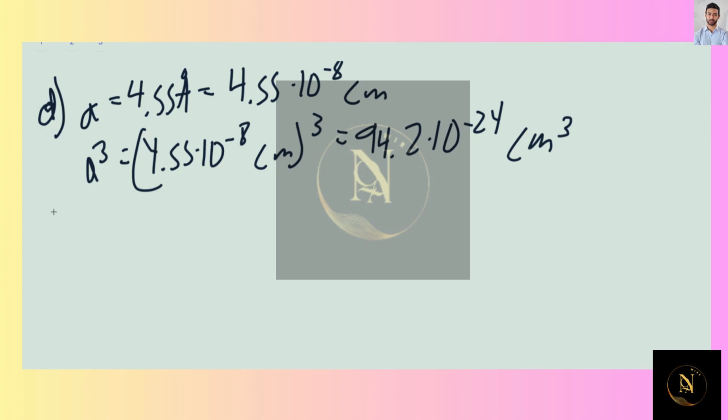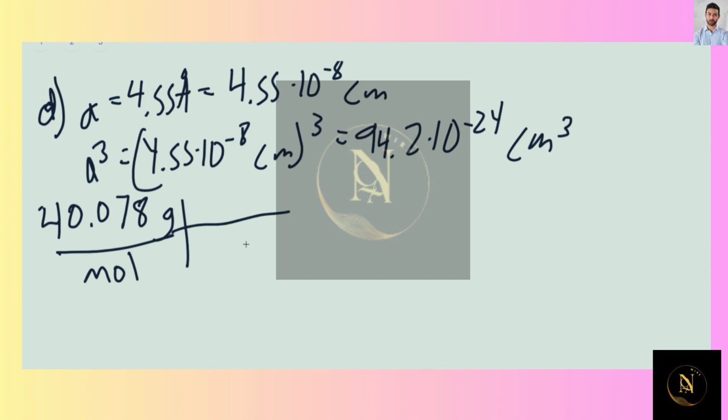Now we just need to find the mass, because we have our volume. The mass is going to be the molar mass of calcium, 40.078 grams per mole, divided by Avogadro's number, 6.022 times 10 to the 23rd atoms per mole.